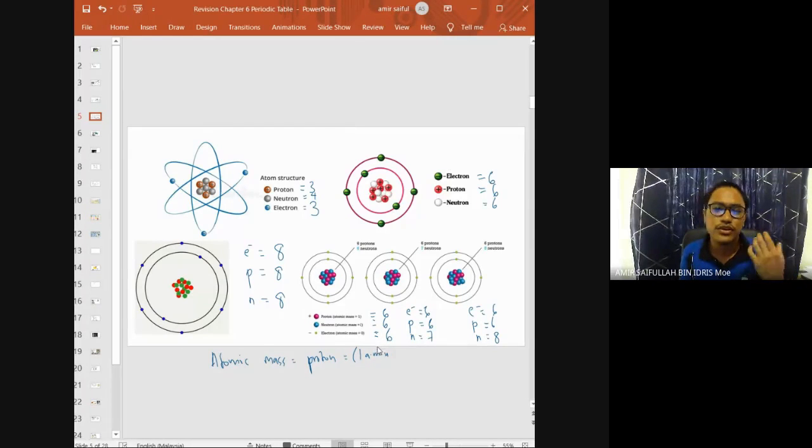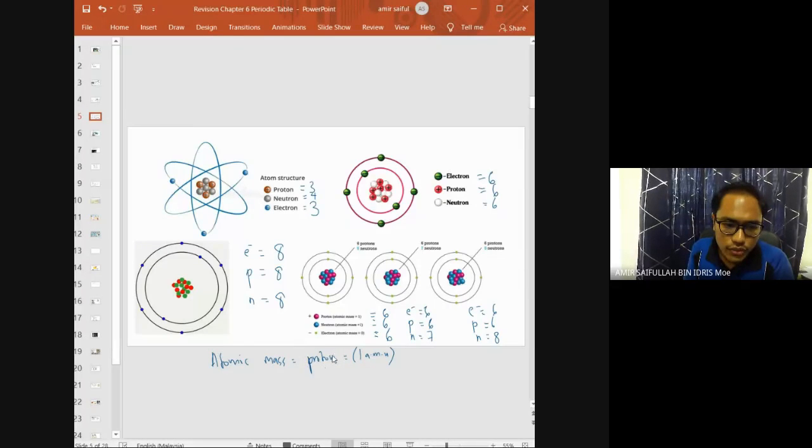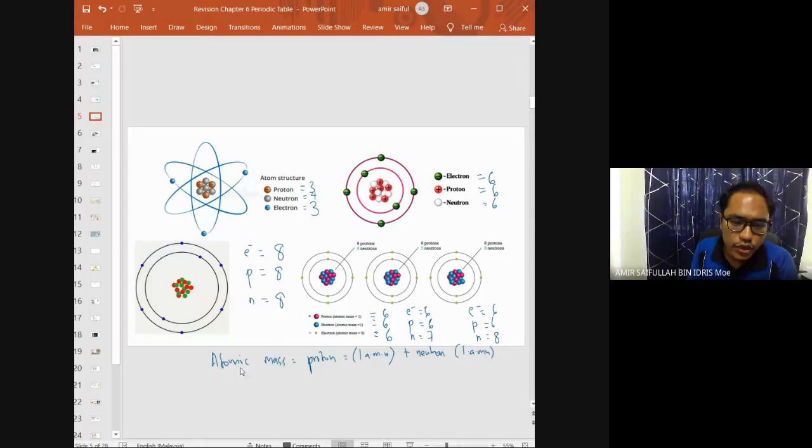So they cannot use kg, gram or milligram to weigh the atomic mass, because it is so small. They use a special unit called AMU, atomic mass unit. So one proton equals 1 AMU, and a neutron is also 1 AMU. When you add these two, you will get the atomic mass.